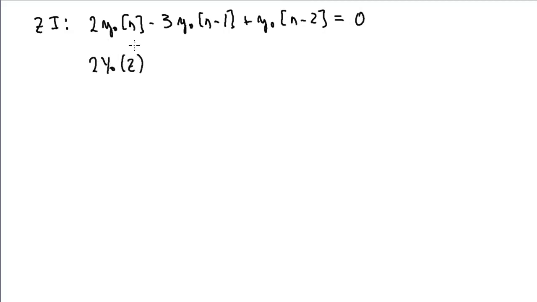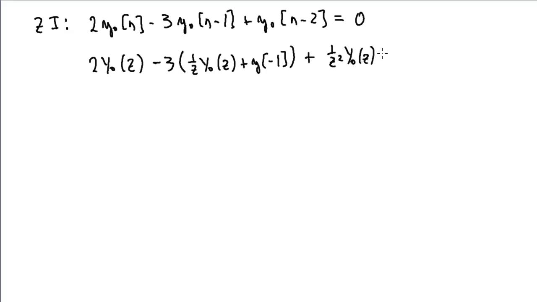Because the Z transform of y0 of n is just y0 of z, and then for this term I'll have 1 over z y0 of z plus y of minus 1, my initial condition appearing, plus 1 over z squared times y0 of z plus 1 over z y of minus 1 plus y of minus 2, all equal to 0.